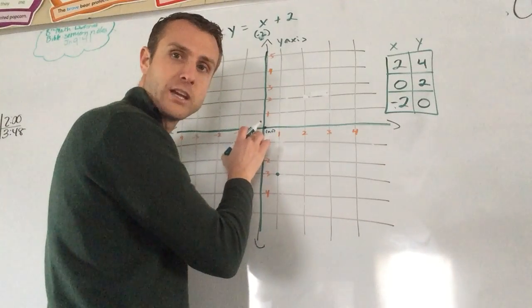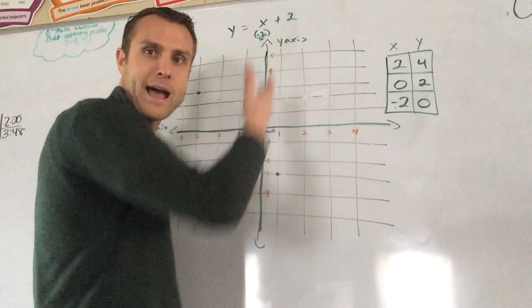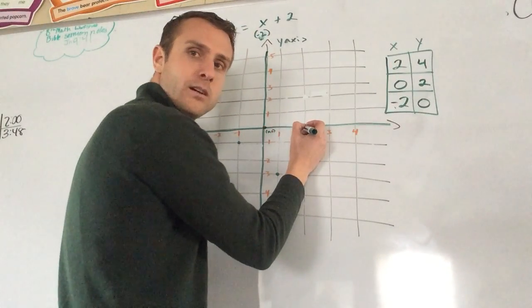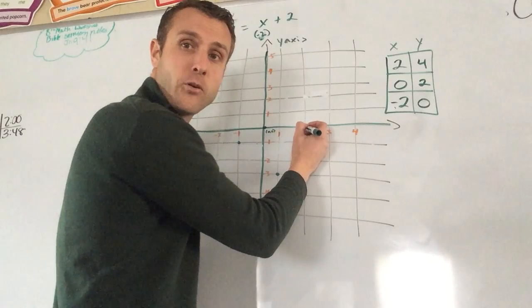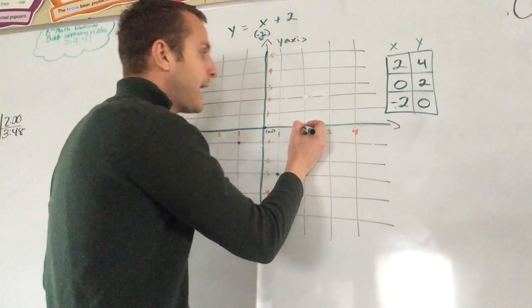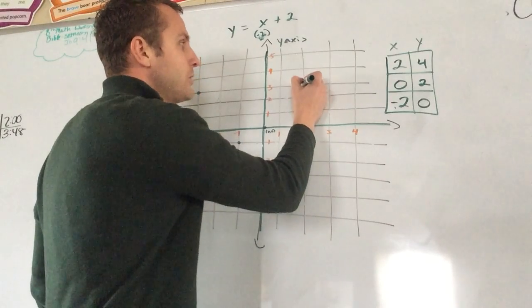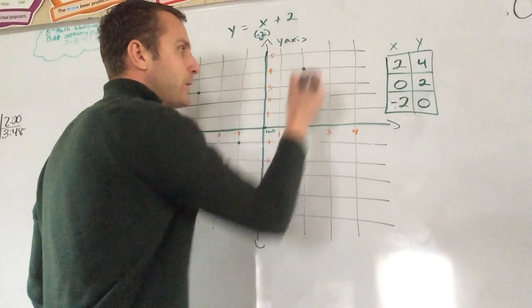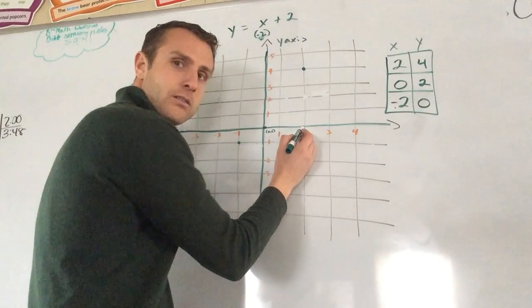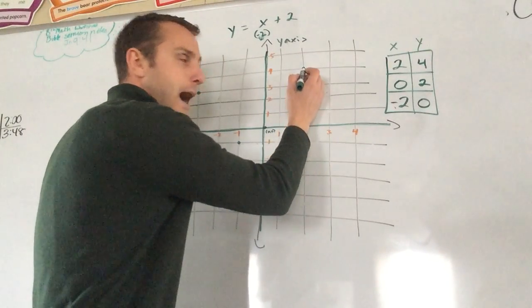I start at the origin, 0, 0, where my 2 axes cross. And I'm going to go to the right 2. Then my y is 4. That's up or down. Positive is up. So from this point, I'm going to go up 1, 2, 3, 4. And I'm going to put a point right there. So I counted 2 lines over and then 4 lines up.